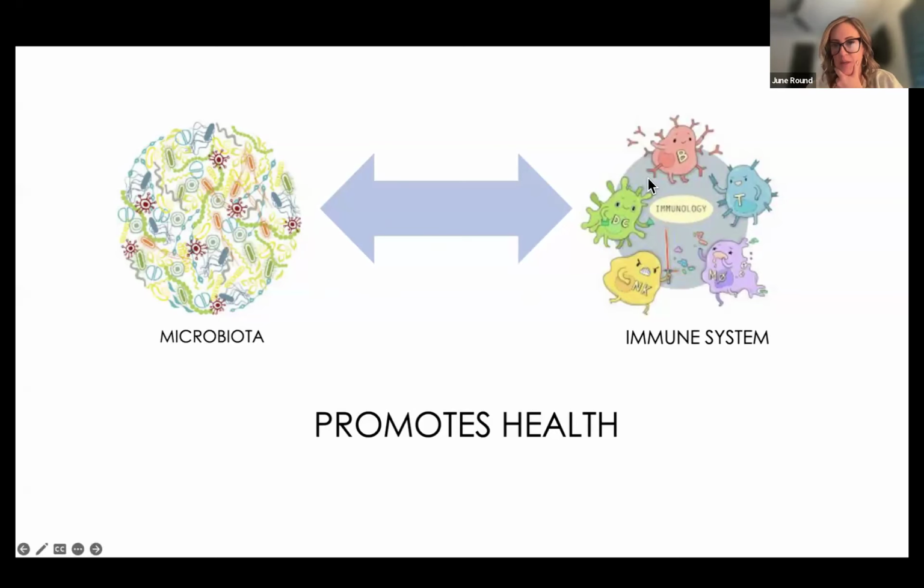So oftentimes we are looking for organisms not that are present during the disease state, but rather are present during the healthy state and perhaps lost during disease. So we study this relationship as it pertains to many diseases such as inflammatory bowel disease, multiple sclerosis, but today we'll be talking about a project that is involved in type 1 diabetes.